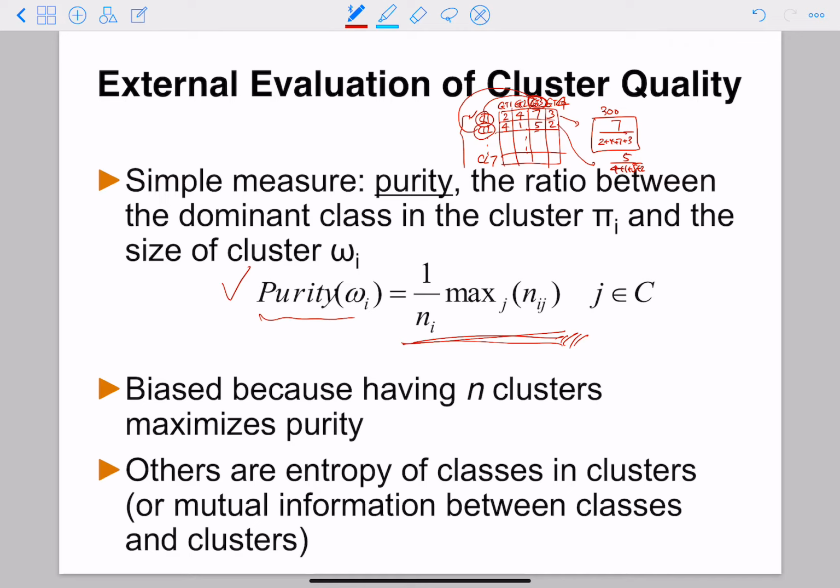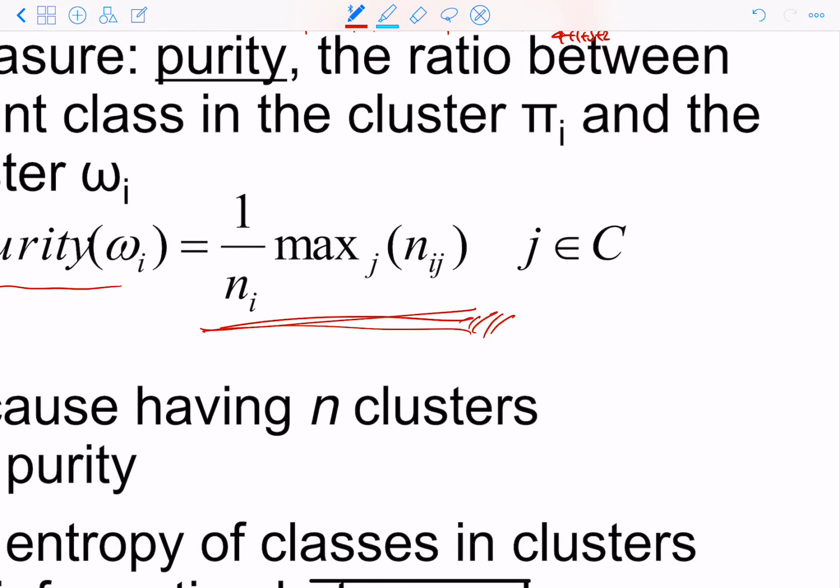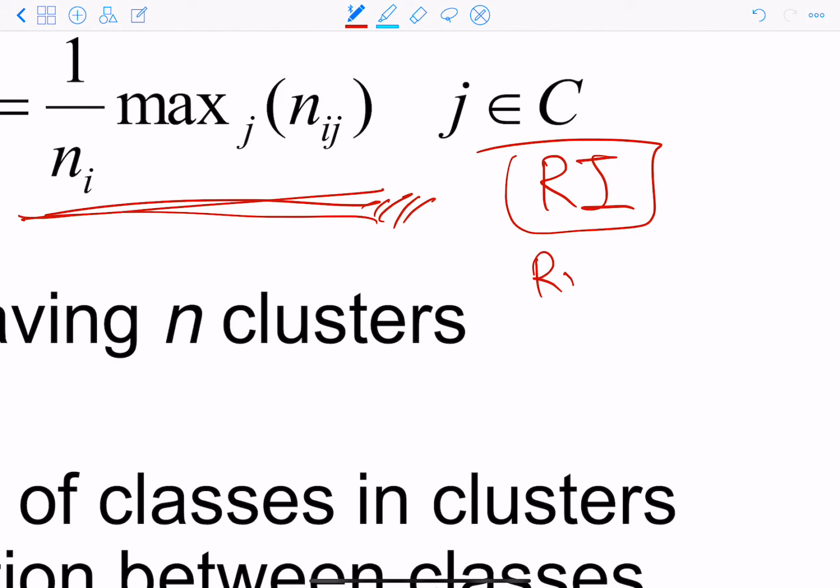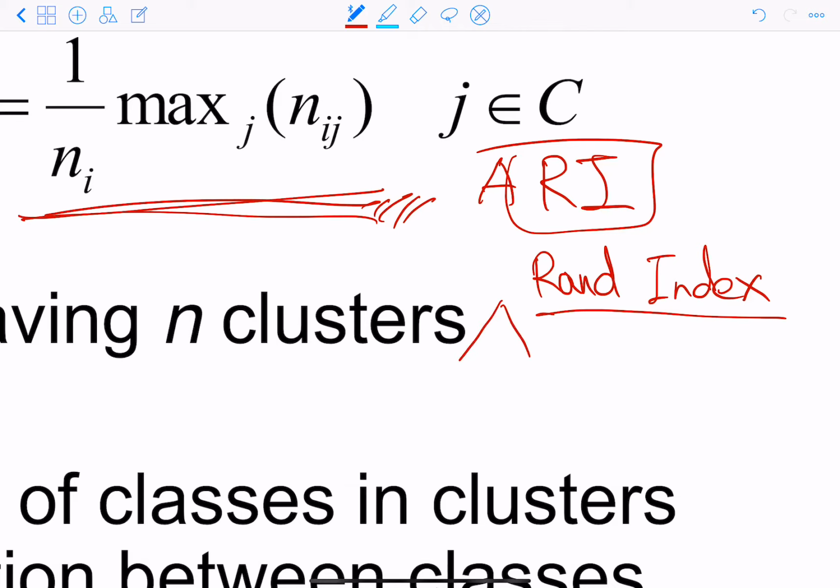And there are many different measures. I forgot how this is computed, but does anyone know what RI stands for? It is called the Rand index, and in the case of ARI, it is the adjusted Rand index.